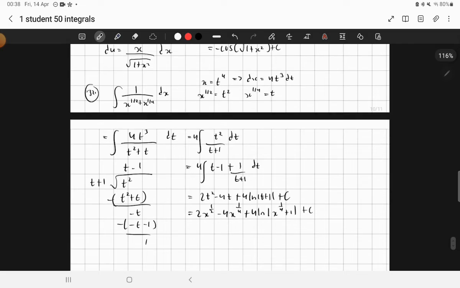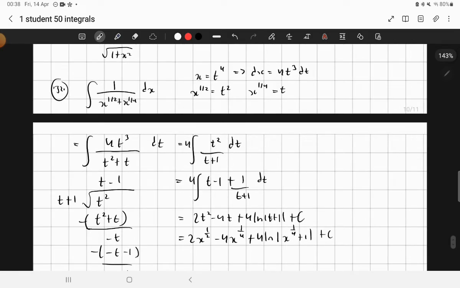Alright, very nice integral. Basically the idea is that I have to find the smallest power and then try to find the perfect substitution. So 1 over 2, x to the power of 1 over 4. Right.